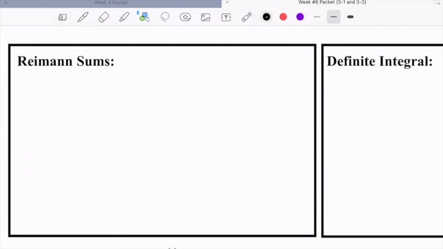So a Riemann sum is the sum of the areas of a certain number of rectangles that approximate the area under a curve.